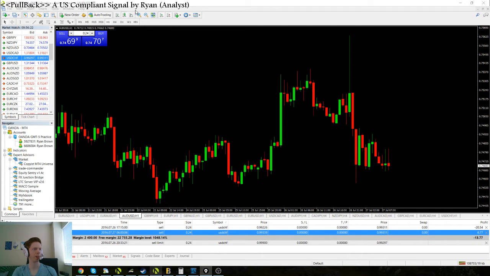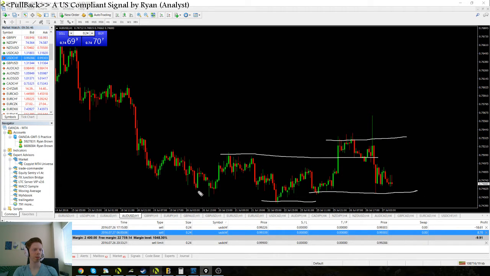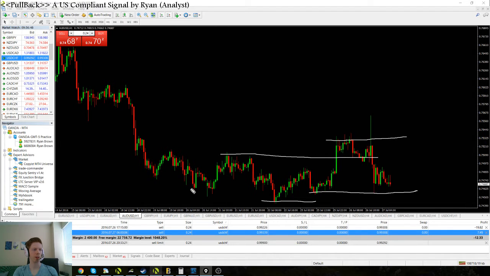On the upside, I'm looking for this level up here, so this to go up quite a bit before I'll take any sell trades going back down. If we're looking at support resistance areas, those are the ones that I find to be the most important right now.